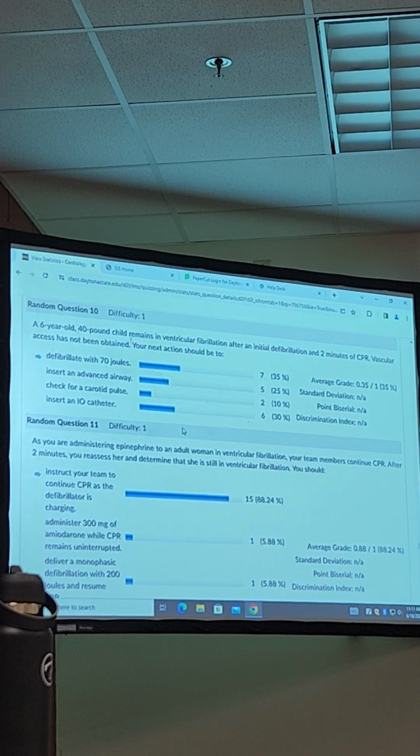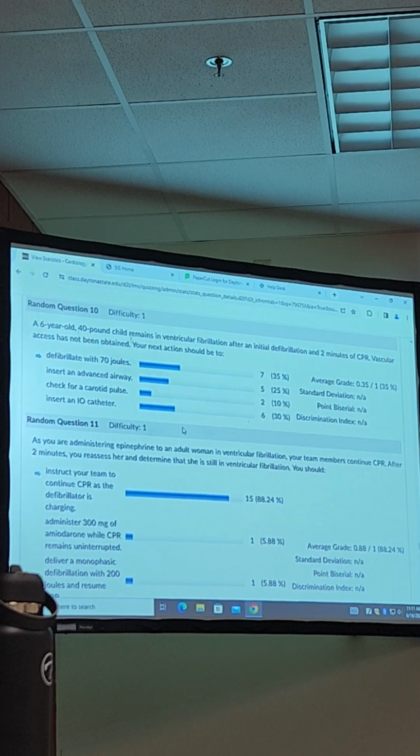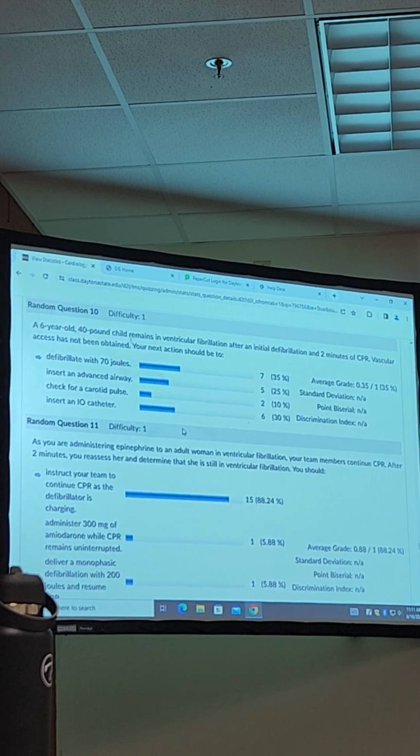PD doses get a little weird with that, because it's 2 joules per kilo, 4 joules per kilo, and then the third dose is between 4 and 10 joules per kilo. So, not to jump to PALS, we'll just make it super easy: 2, 4, 8.